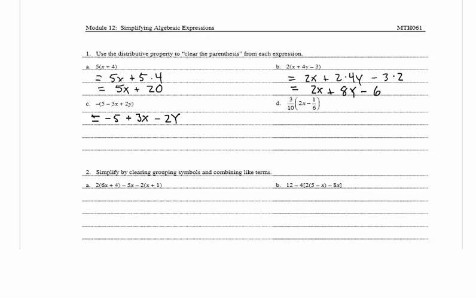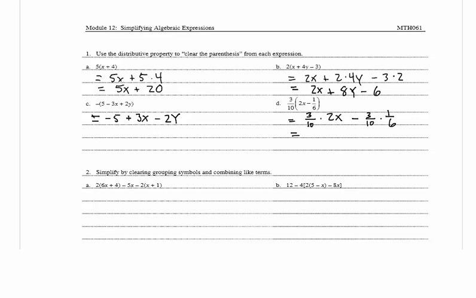In D, we have 3/10 times (2x - 1/6). So we're going to multiply 3/10 times each term in the parentheses. So we have 3/10 times 2x minus 3/10 times 1/6.